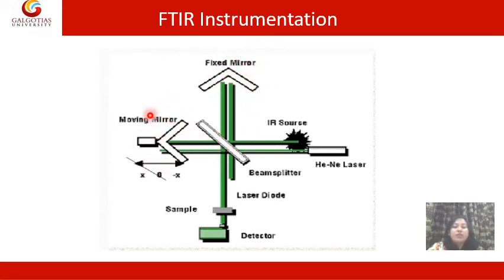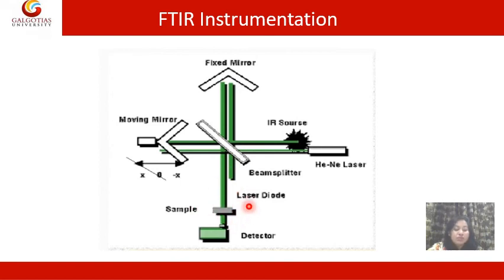From the movable mirror, the radiation is reflected back towards the beam splitter, where it is split into two equal halves. One goes towards the IR source and another goes towards the sample. Similarly, from the fixed or stationary mirror, the radiation is again reflected towards the beam splitter, where it splits into two equal halves. One goes towards the IR source and another goes towards the sample.